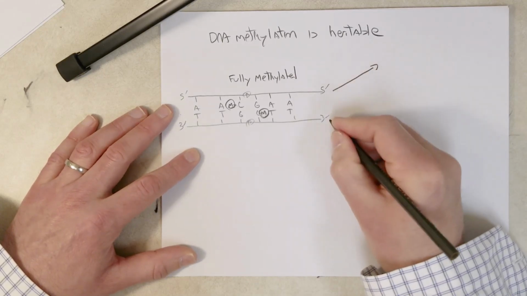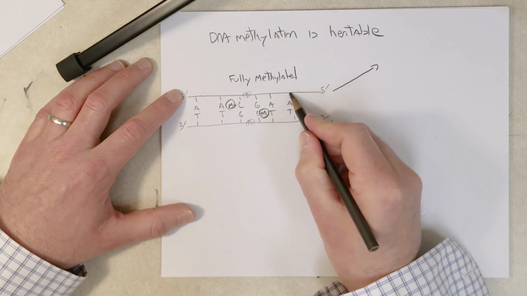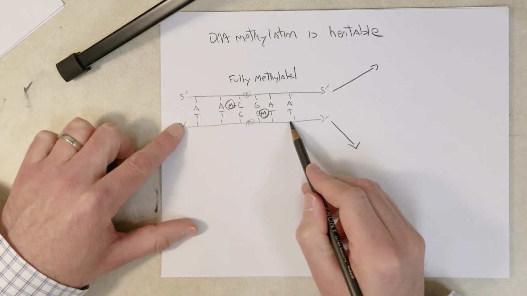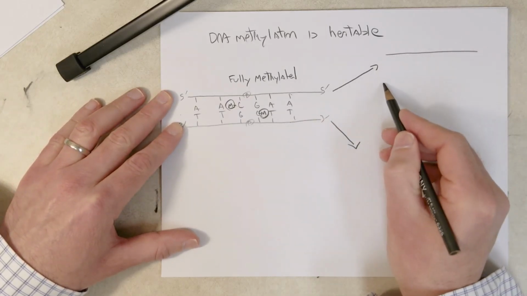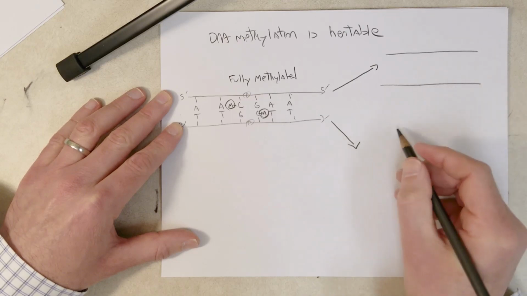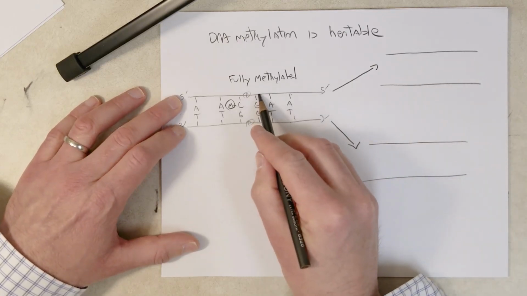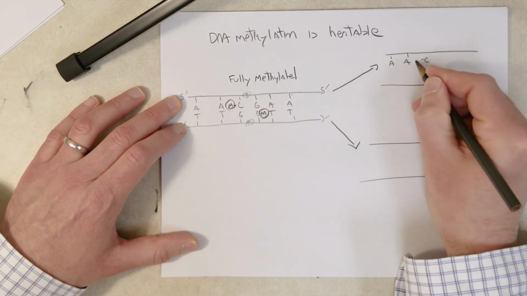Now, after DNA replication, this is the template for one new molecule, and this one down here is the template for the other new molecule. So we end up with hemimethylated DNA molecules. Let's say this strand is the template. So that's methylated, right?